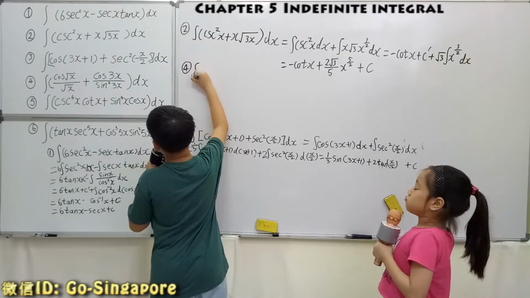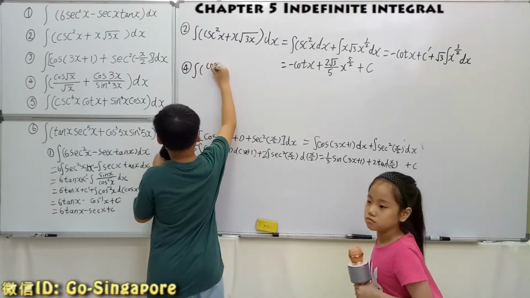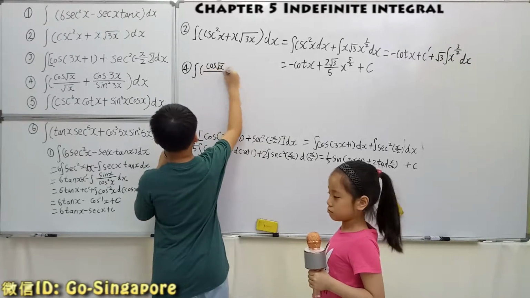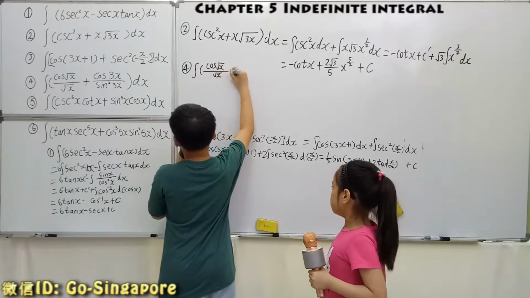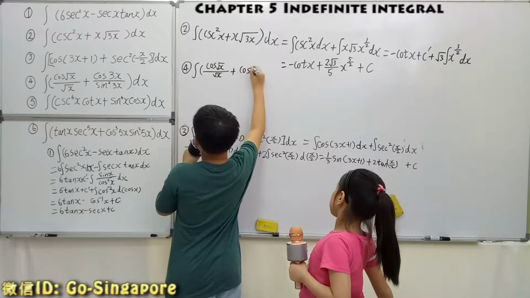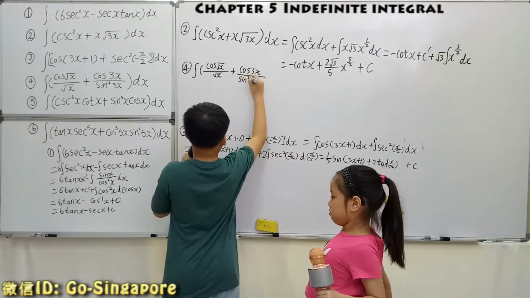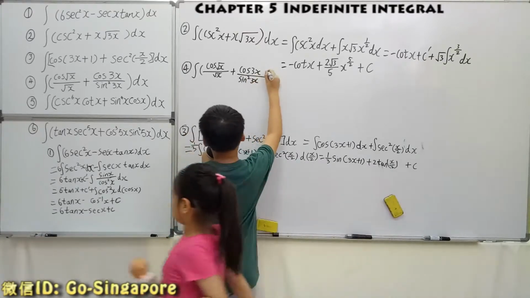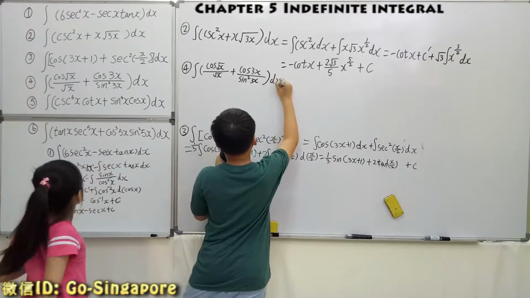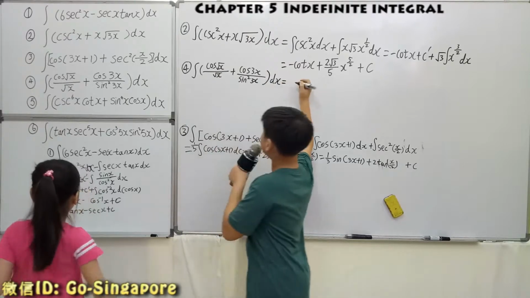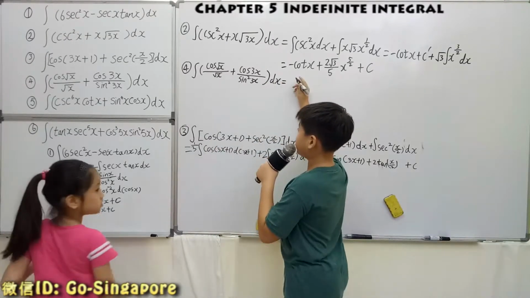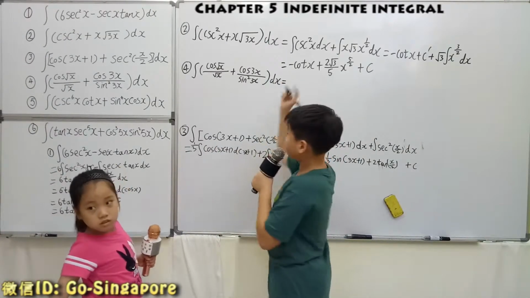Question 4 is the integral of the bracket cosine square root x over square root x plus cosine 3x over sine square 3x, bracket, dx. Okay, so for this, we separate.